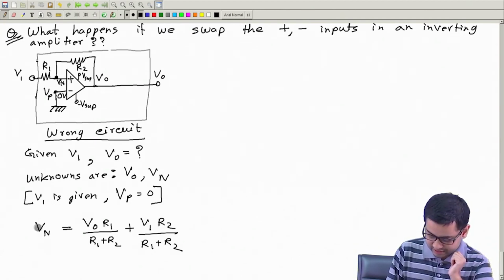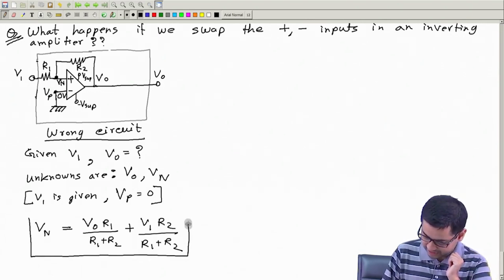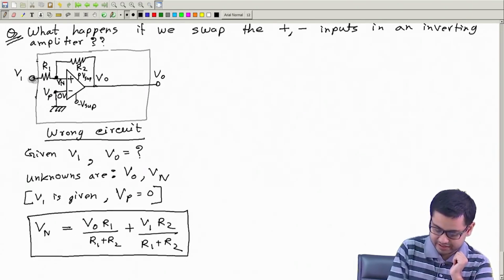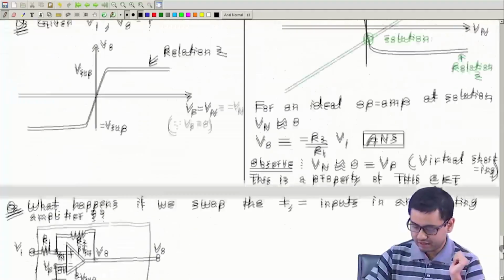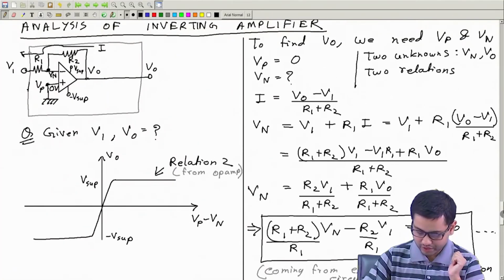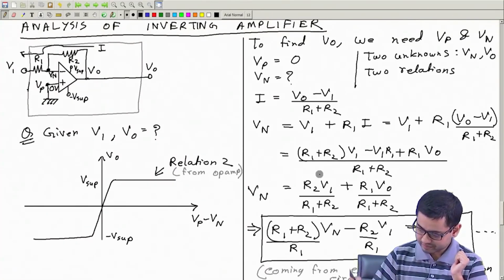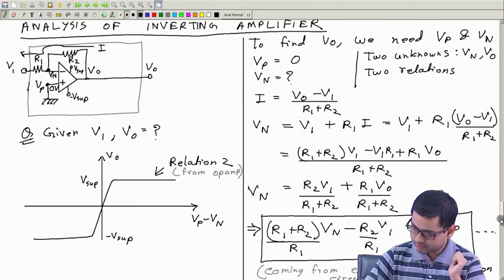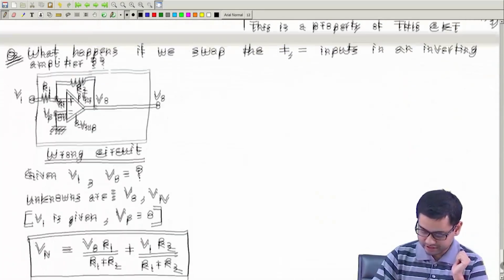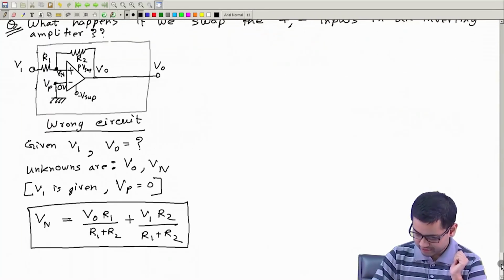So this is the rule for Vn, and this is one relation. You can also derive it by finding the current and then adding the voltage drop, the way we did it in the last class. Pretty much the same result, and this is a quicker way of doing it.